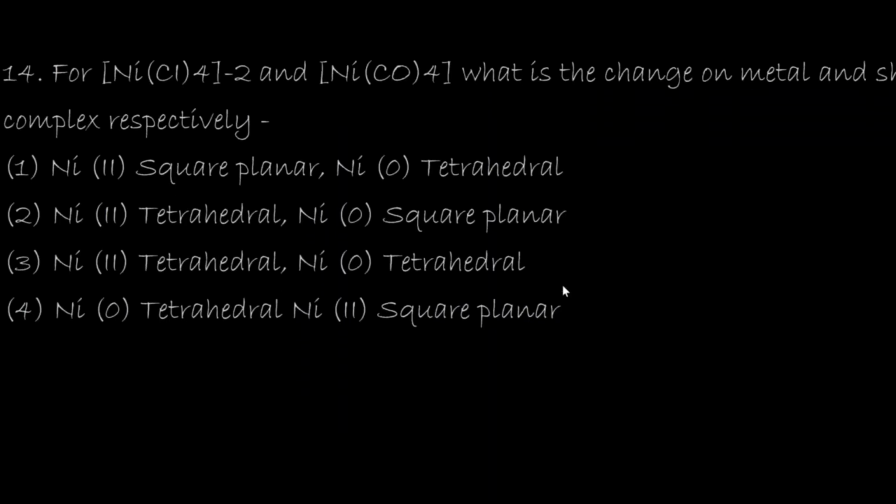Then the next question: for NiCl4 2- and nickel carbonyl, what is the change in metal oxidation state and shape of the complex respectively? So we already talked about NiCl4 2-, that is nickel 2, tetrahedral.